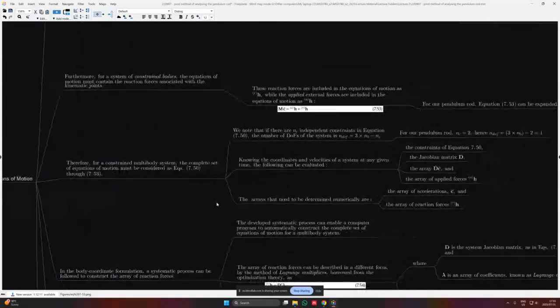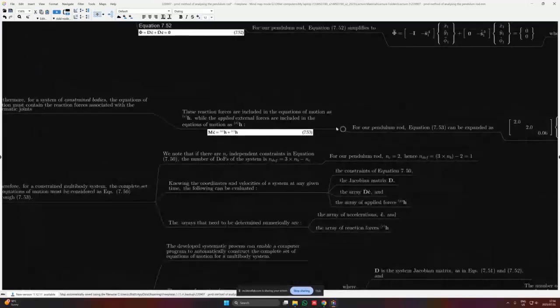All right, now we note that if there are NC independent constraints in equation 750, the number of degrees of freedom, denoted as N subscript DOF, is equal to 3 times N subscript B, the number of bodies in my system, minus N subscript C, the number of constraints.